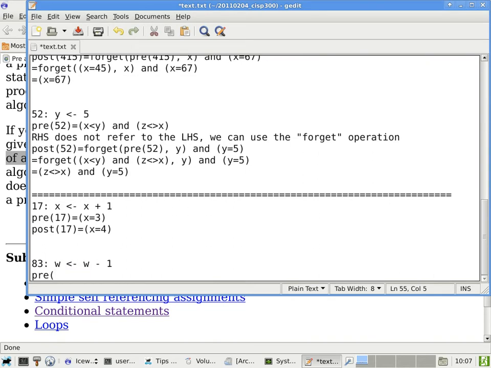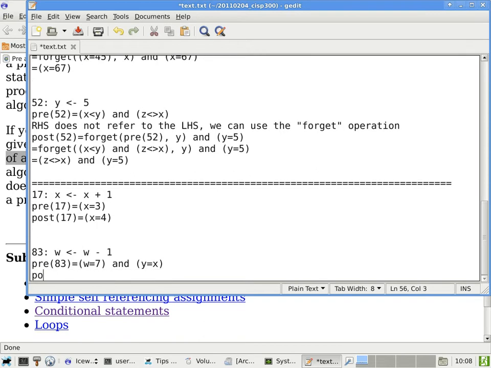The precondition of line 83 is that w equals 7 and y equals x. That's given to me. I know that w equals 7 and y equals x every time I get to line 83, before the execution of line 83. Can someone tell me what is the postcondition of this?